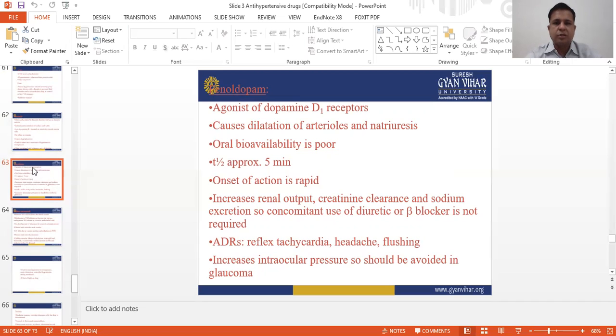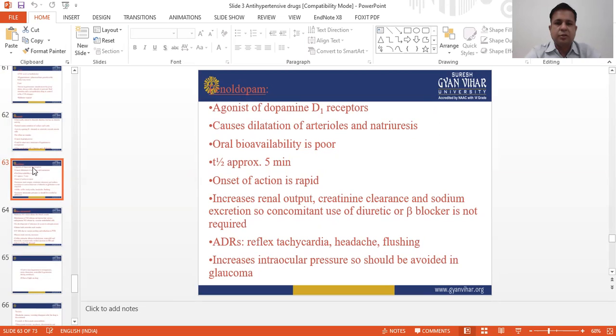Onset of action is rapid. It increases renal output, creatinine clearance, and sodium excretion. So, concomitant use of a diuretic or beta blocker is not required.